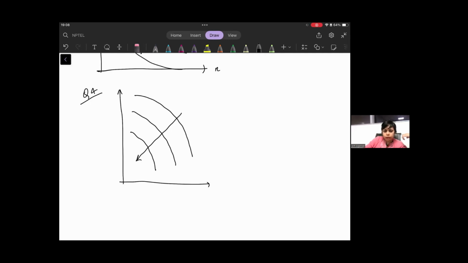Yes, cookies is on the x-axis, milk is on the y-axis, right? Now this is the origin, so if utility is increasing in the direction towards the origin, what does it mean? The less you consume of milk and the less you consume of cookies, the happier you are, right?